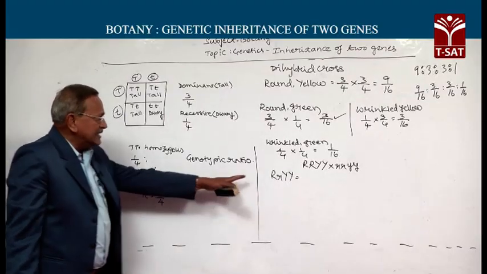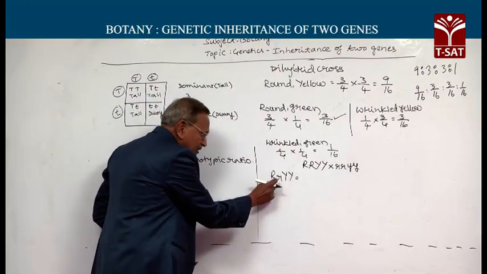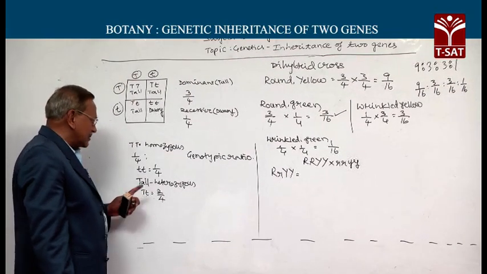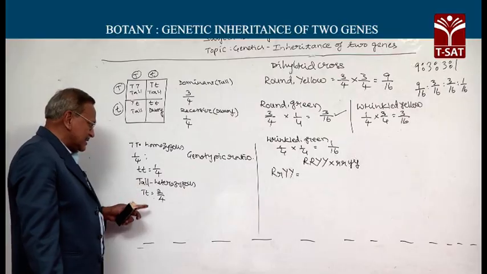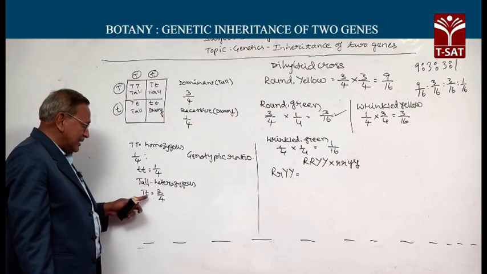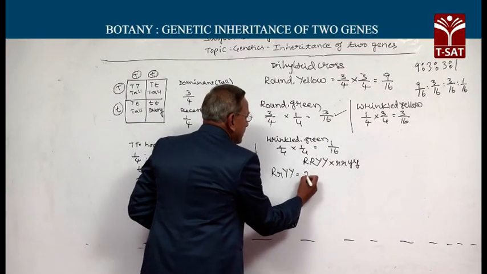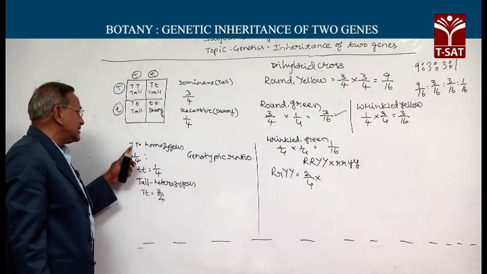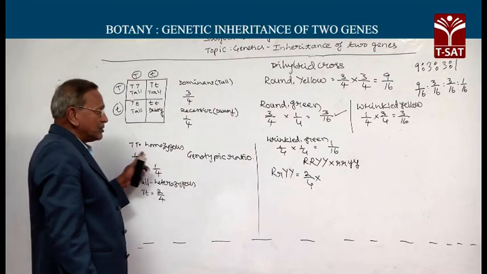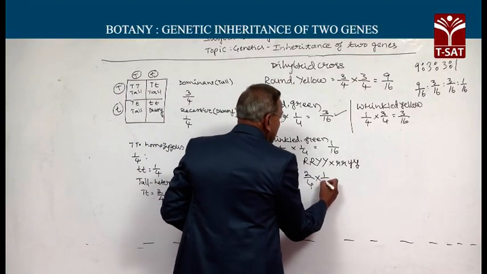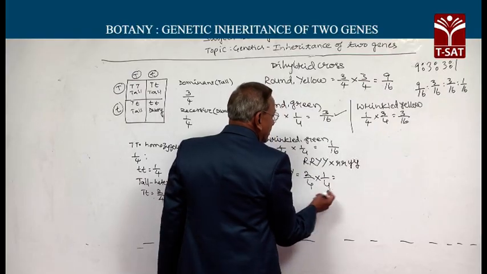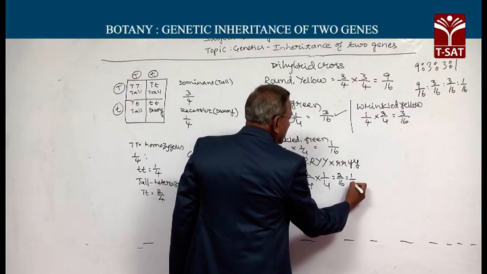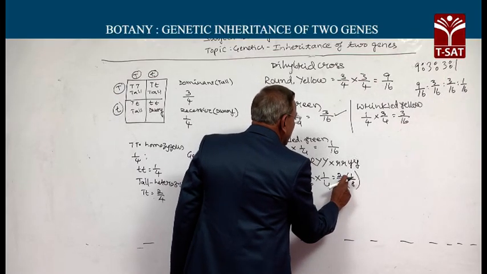What is the condition of this shape of the seed? Is it homozygous or heterozygous? It is heterozygous, like our capital T, small t, it is represented by 2/4. And what about the capital Y? This is like our capital T, this is homozygous, this must be represented by 1/4. So 2/4 into 1/4 will be 2/16, this is 1/8 after reduction.